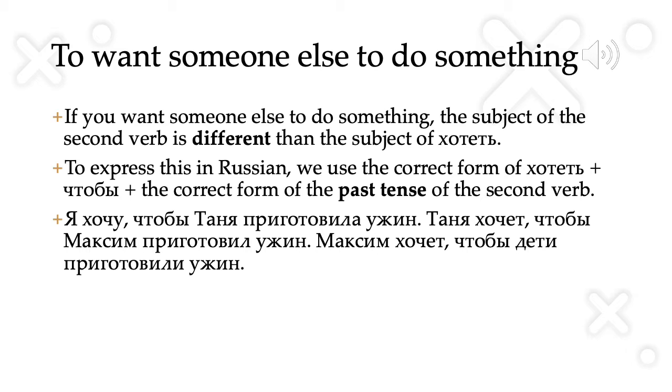I want Tanya to make supper. Note that we have я хочу, I want, and then a comma, because all clauses in Russian must be set off by commas. Чтобы Таня, Tanya is now the subject of this second clause and is in the nominative. And then приготовила ужин, the past tense of the verb.